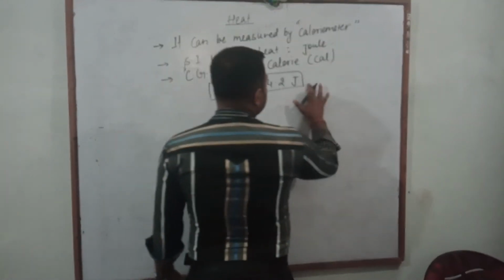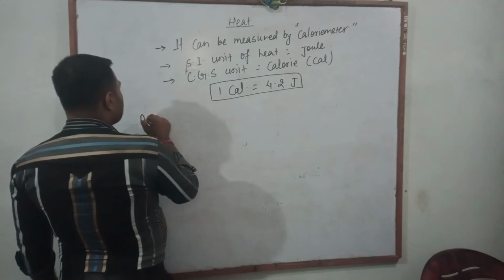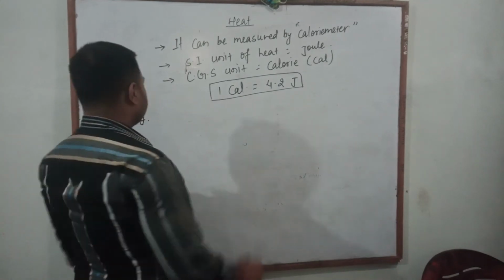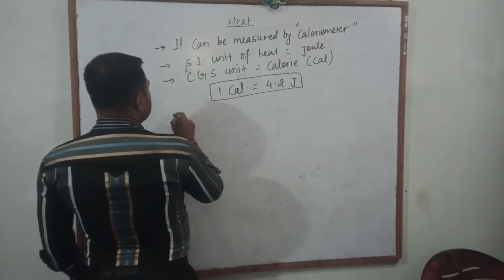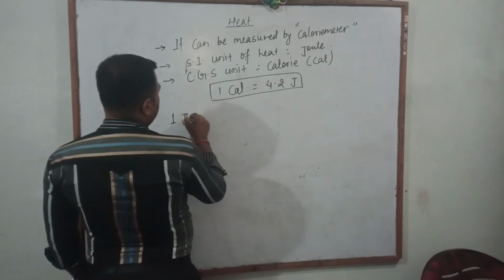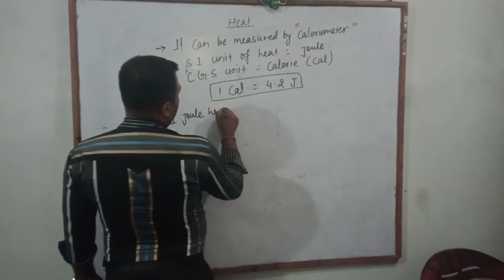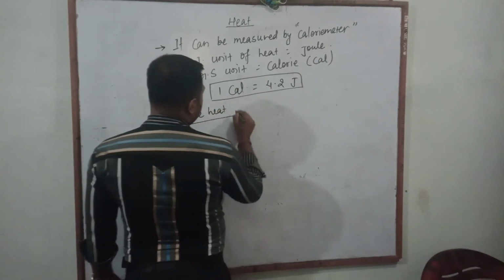And what does it mean here? It can be clearly defined. What is 1 joule of heat? How do we define 1 joule of heat?